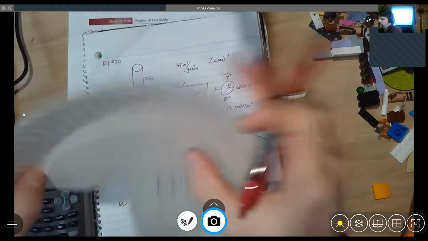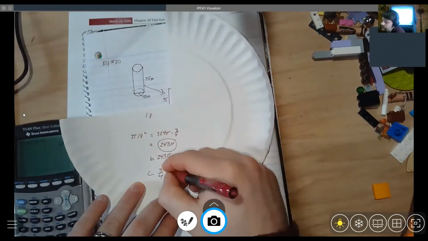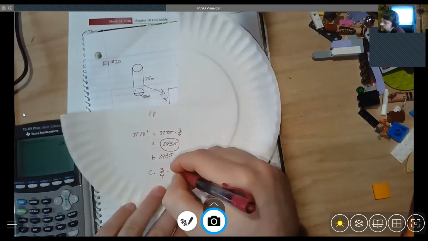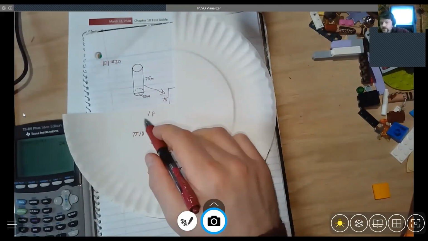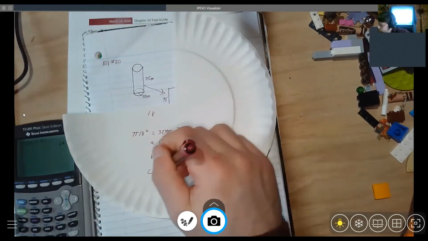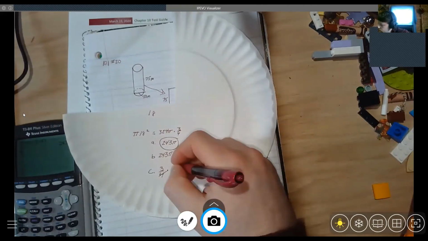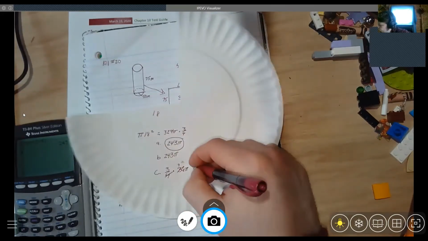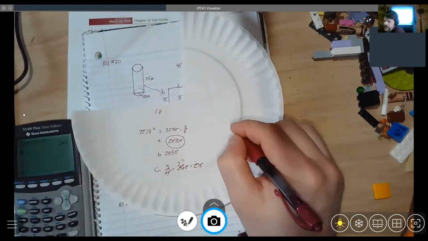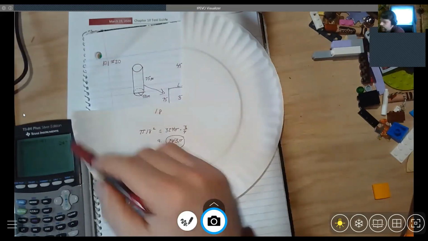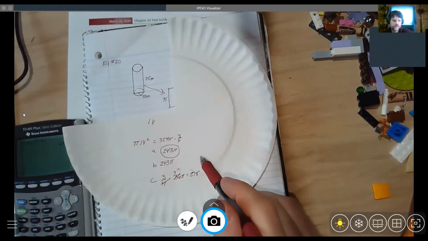So for part C, I'm going to take 3/4 times the circumference of the original circle. That would be 36 pi, right? Double the radius of 18 is 36, times pi, circumference of the circle. So 3/4 of that is 27 pi as the distance from here all the way to here, which is the perimeter of the base of the cone.